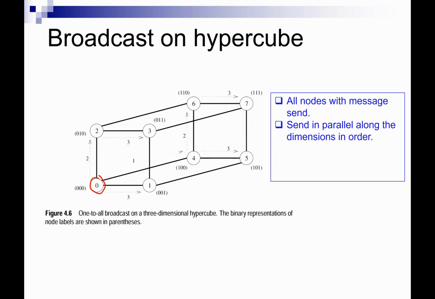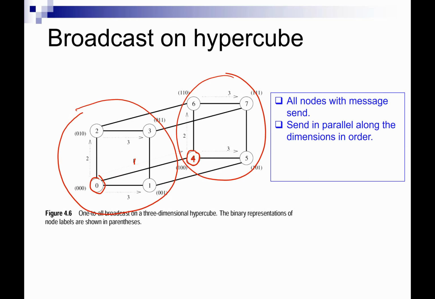So how do we get 0 to broadcast onto the back phase? Well, we have 0 send the value to its neighbor in the back phase, which is 4. So in the first time step, 0 is going to send to 4. And once this happens, you've broken this problem into 2 parts: one on the front phase, and one on the back phase.